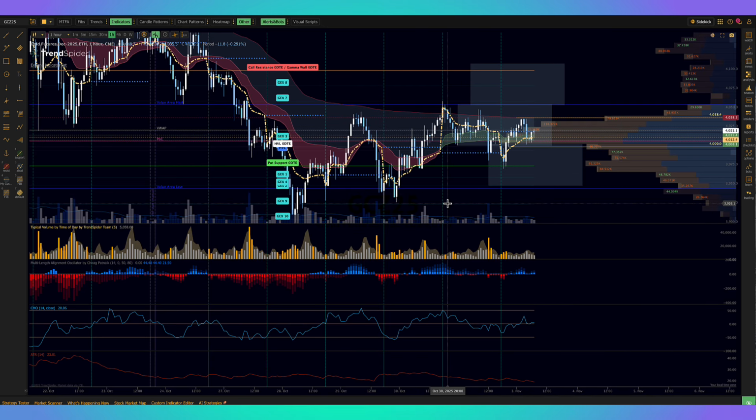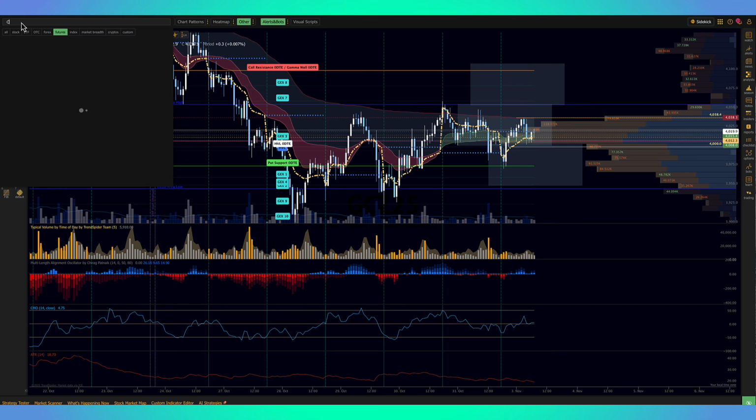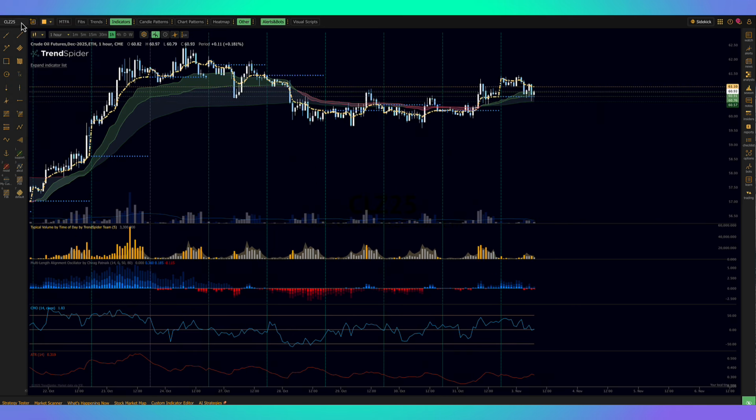That's 3,950. I think these guys are just fleshing their way out. My ideal buy zone is going to be 3,973. I'm going to look for that edge to hold. And I don't know about taking a short from underneath here. It feels very messy.